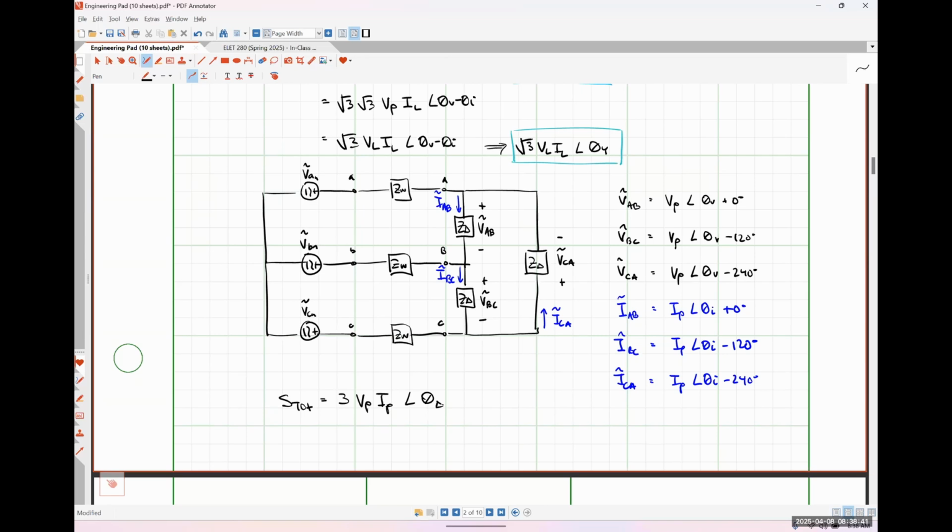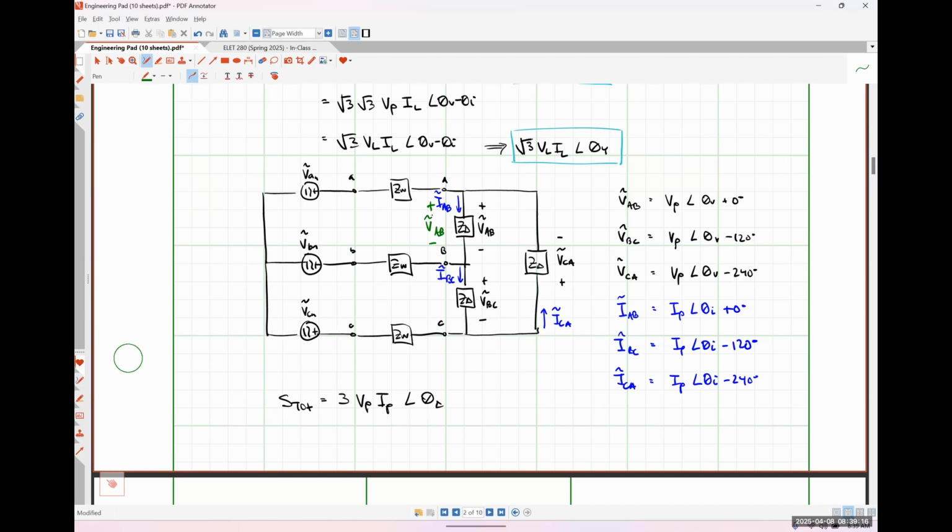Okay. Now, what is the relationship between our phase voltage VAB and this line voltage VAB? They are literally the exact same thing.